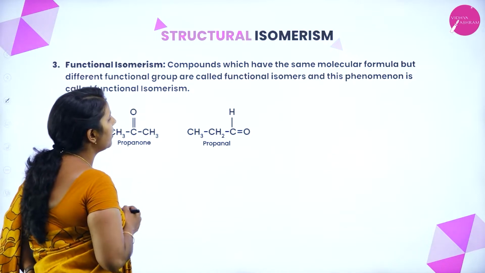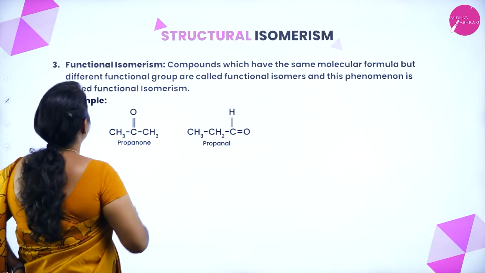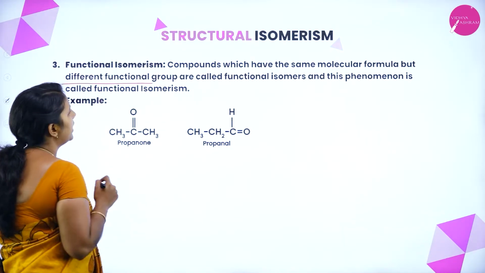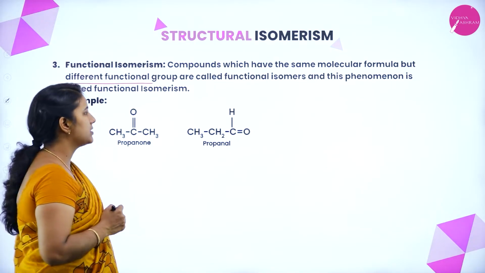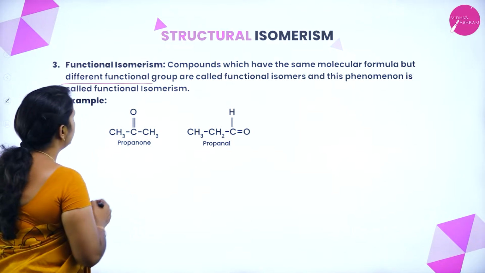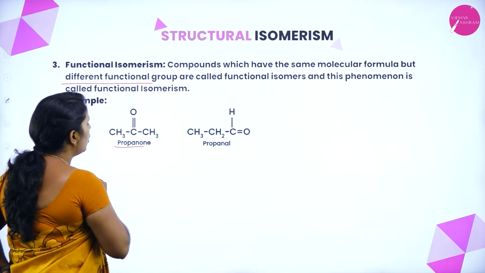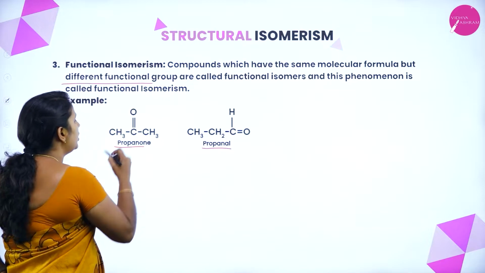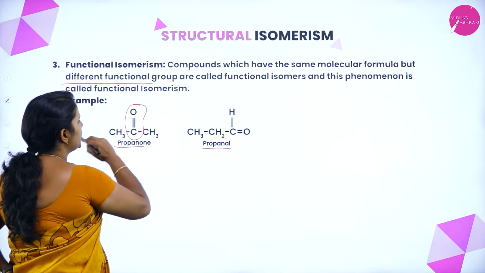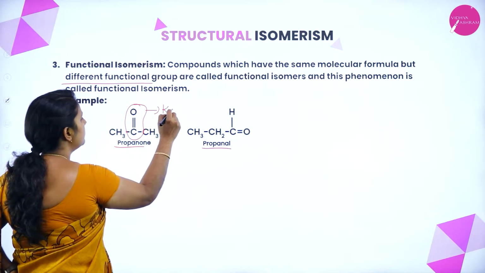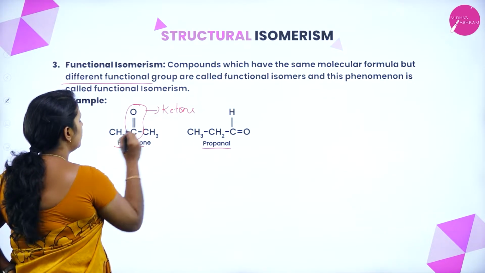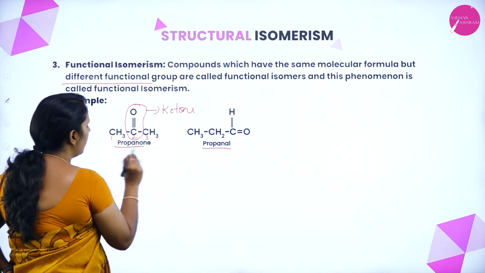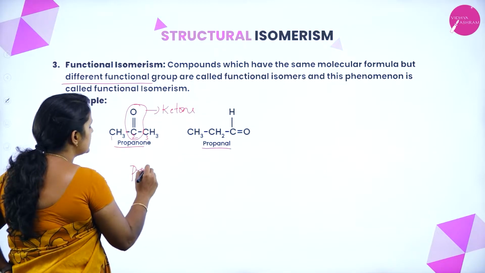Next we have functional isomers. The compounds which have the same molecular formula but different functional groups are called what? Functional isomerism. You can say that we have propanone and we have propanol. In propanone, a ketone group is attached. It consists of how many carbon atoms? 3 carbon atoms, so it is prop.